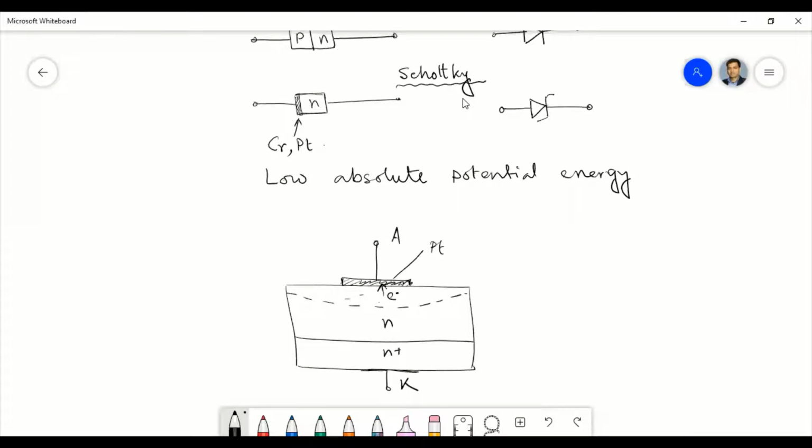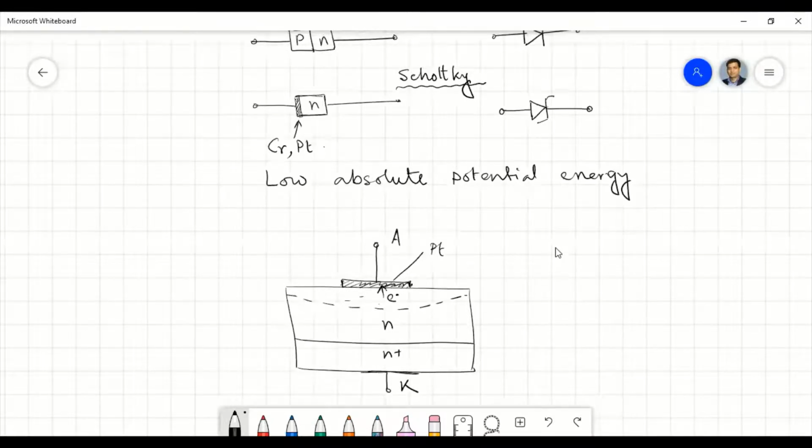But in the case of the Schottky diode, only the negative charge is created. Therefore it is also called a unipolar device, not a bipolar device. That is the difference between the PN junction and the Schottky diode.